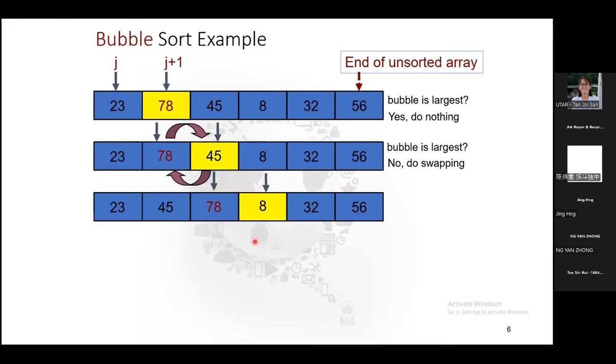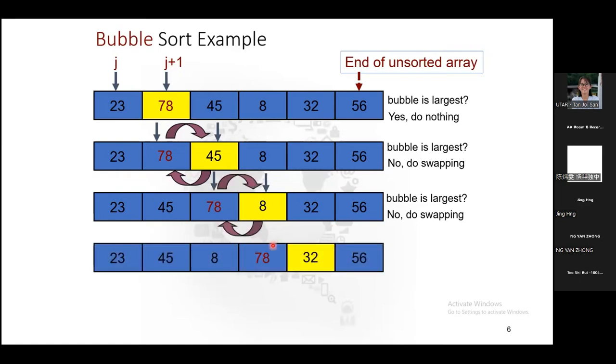In the next round it is the same thing where you do the swapping, because 78 will be the largest and 8 will be the smallest. So you have to do the swapping.